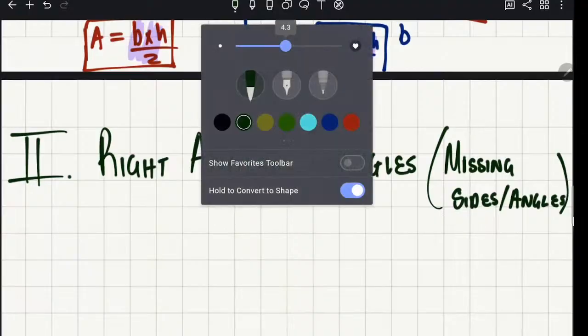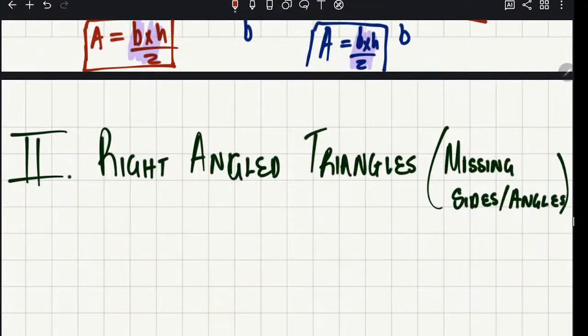This is a right angled triangle, and we have missing sides or angles. So what do we do here? Then we go to the non-right angled, then we do questions, and you're not going to change anything.